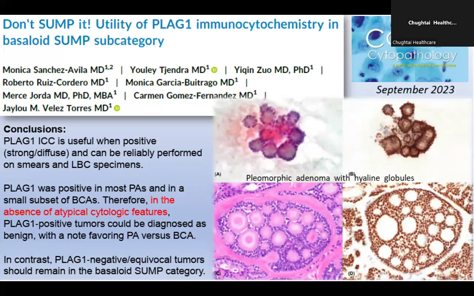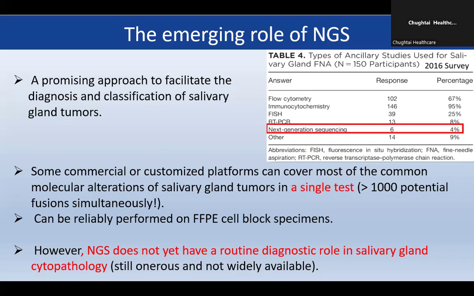The two differential diagnoses to consider are pleomorphic adenoma, and some subset of basal cell carcinoma are also positive for PLAG1. So if we keep both in our mind, the cytomorphology and the IHC stain, and it looks benign, then we can easily sign out these sorts of cases as pleomorphic adenoma instead of calling it SUMP.